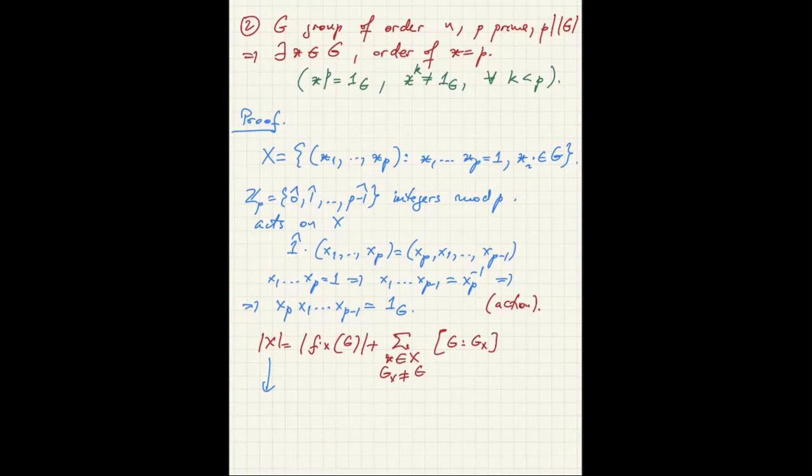We won't have n to the P anymore because there's a relation between them. But if we pick the first P minus 1 elements, we have n choices for X1, n choices for X2, up to n choices for XP minus 1. And for each such choice, XP is determined from this equation. So the cardinality here is n to the P minus 1.